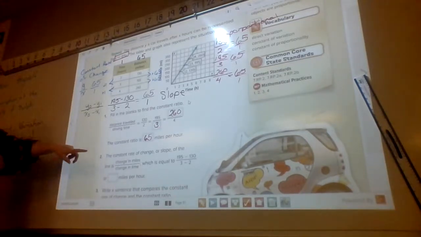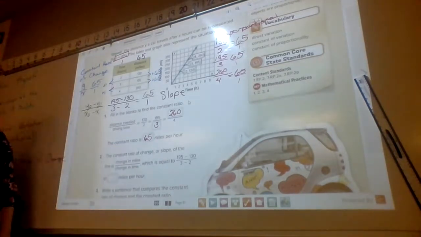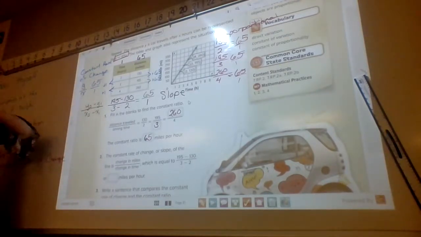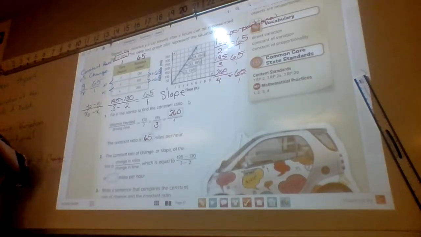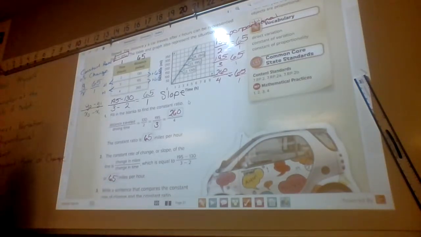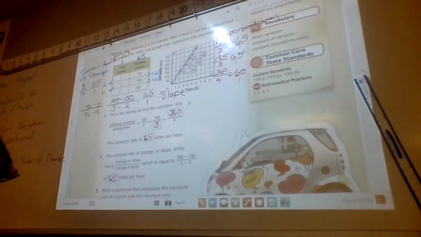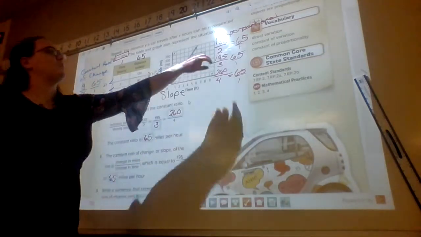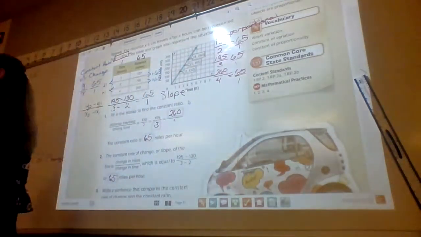The constant rate of change, or slope, is found using y2 minus y1 over x2 minus x1. What was our answer on that one? 65. Now, it's not on my screen, but it's question number 3 at the bottom, and you have already answered this question. What can you tell me about the constant rate of change, the slope, the proportionality?